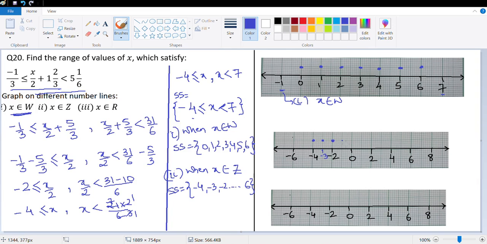Negative 2, negative 1, 0, 1, 2, 3, 4, 5 and 6. I'll mark 5 here and I'll mark 3 here. This is for part 2 when x belongs to integers.